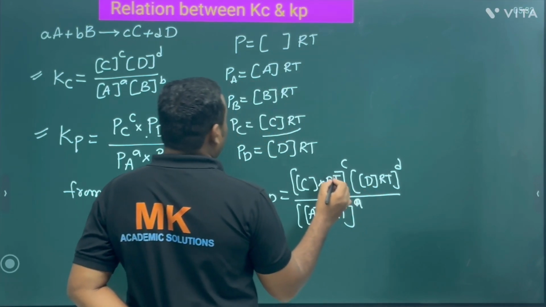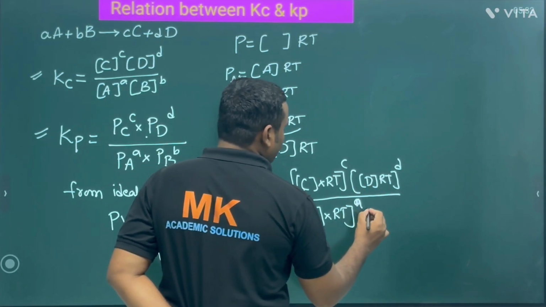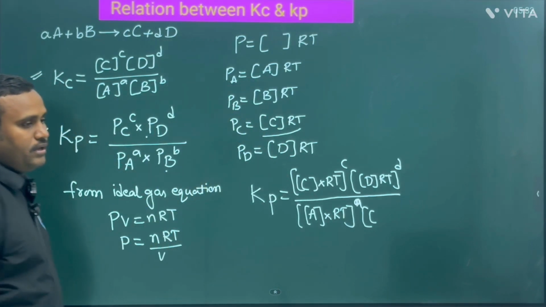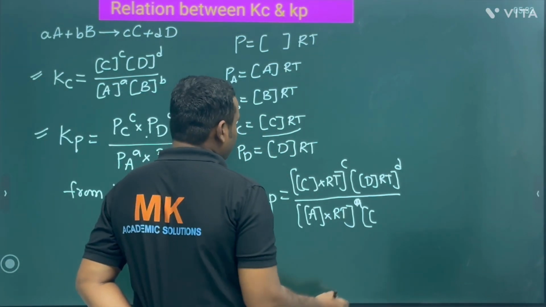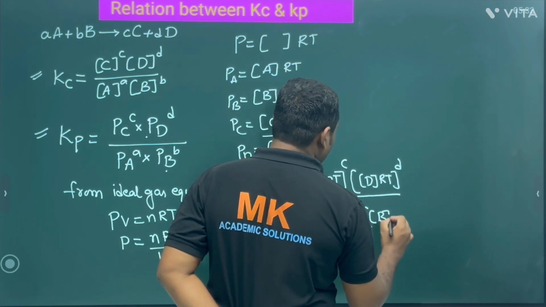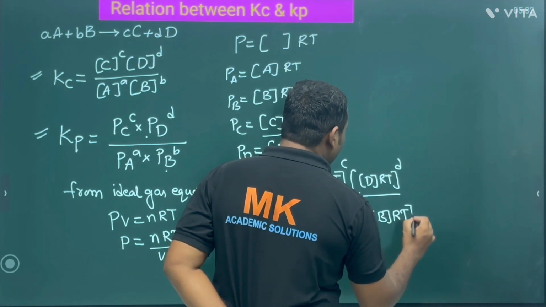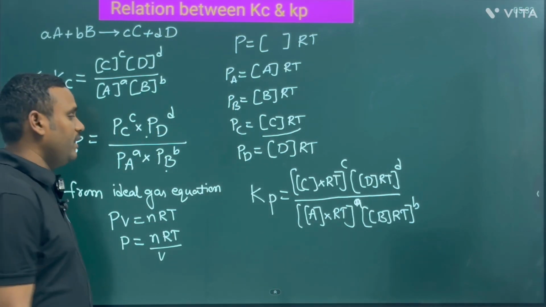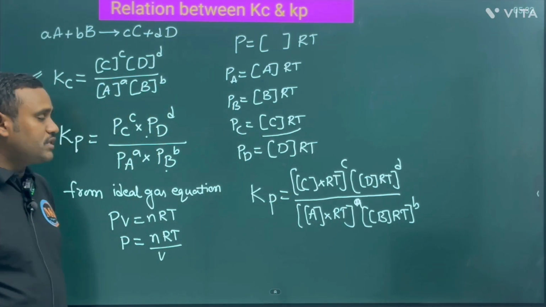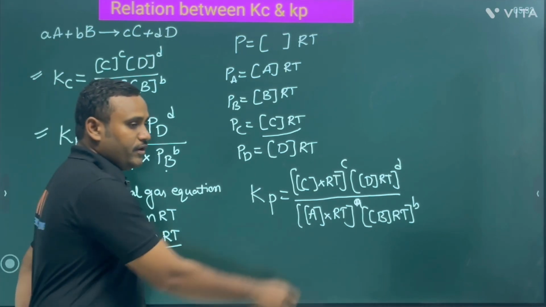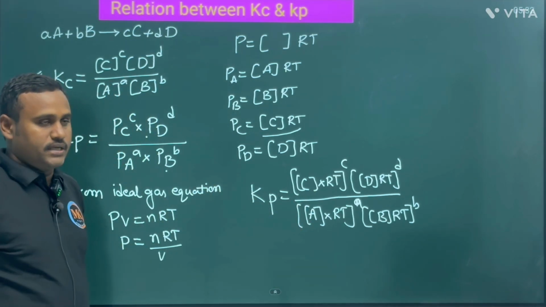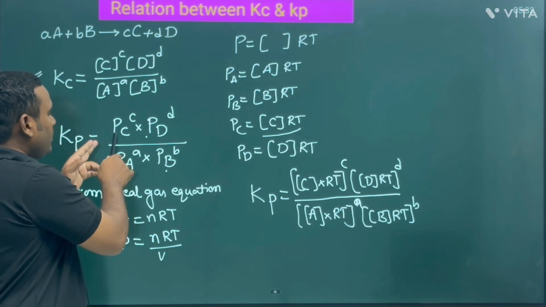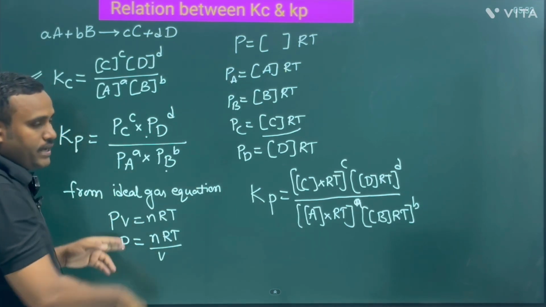Next, the partial pressure of B is the concentration of B into RT, to the power b. This is the expression of Kp by taking concentrations instead of partial pressures. Simply, we are substituting the partial pressures by using the ideal gas relations.